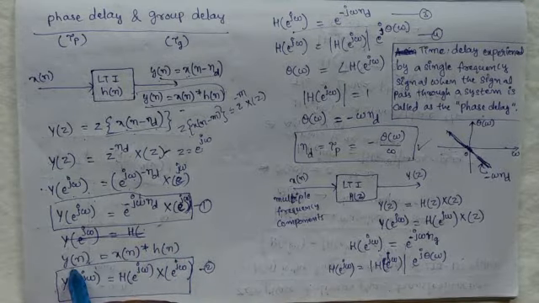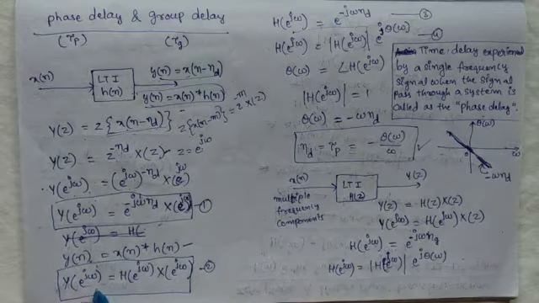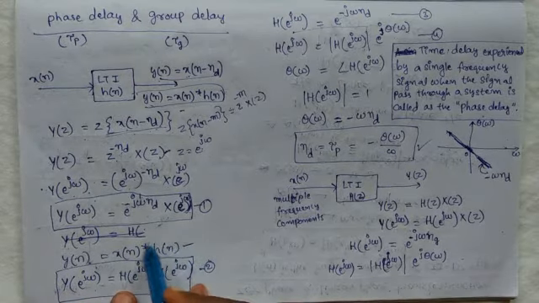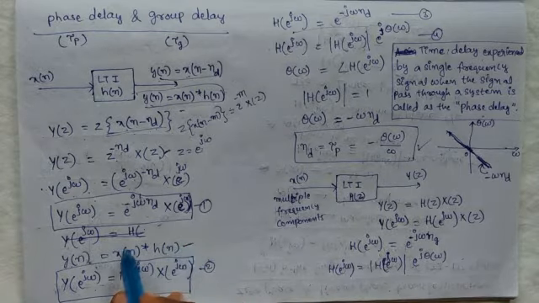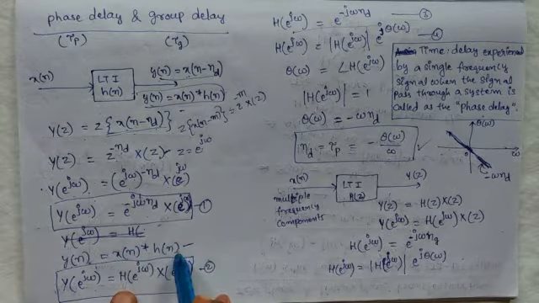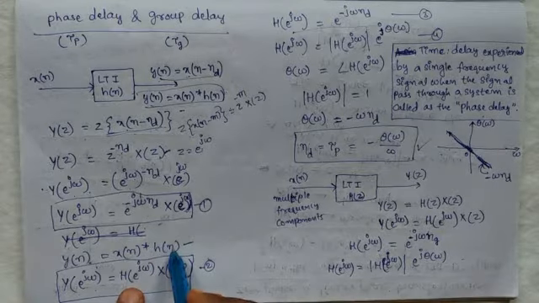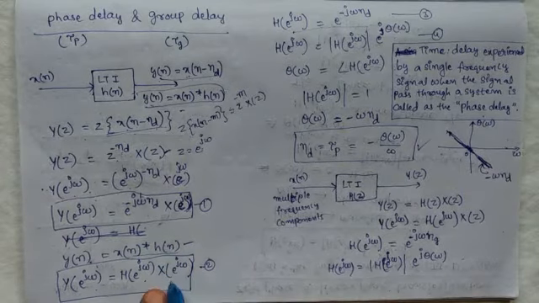Now we are applying the Fourier transform to this equation. The Fourier transform of y of n is Y of e power j omega. What is the Fourier transform of the convolution of x of n with h of n? From the convolution theorem, it is equal to H of e power j omega into X of e power j omega.